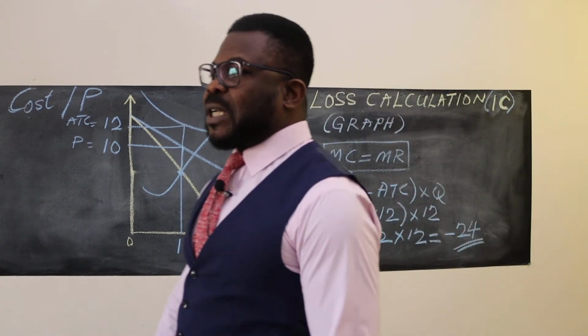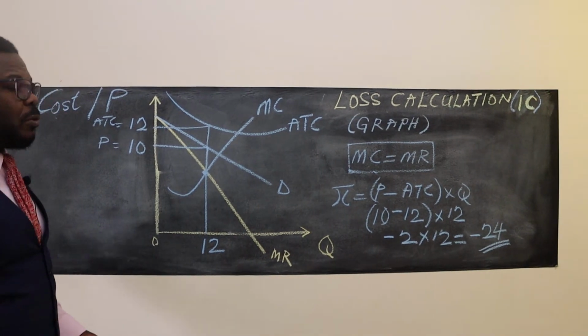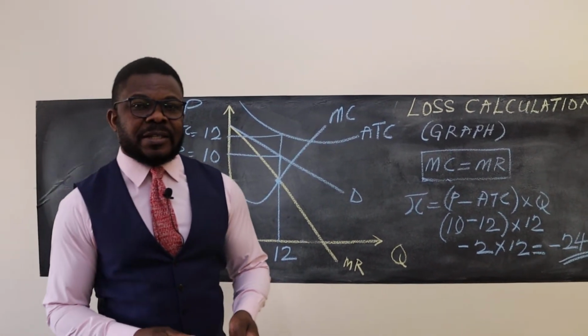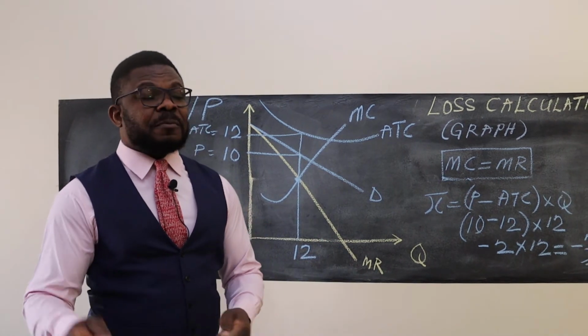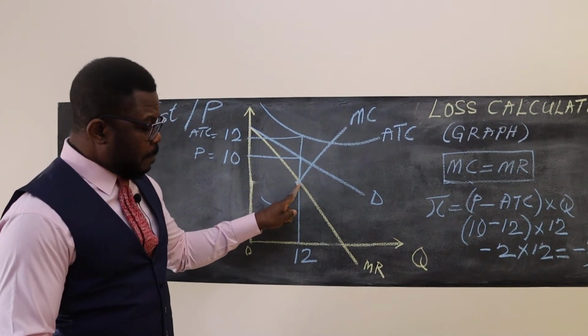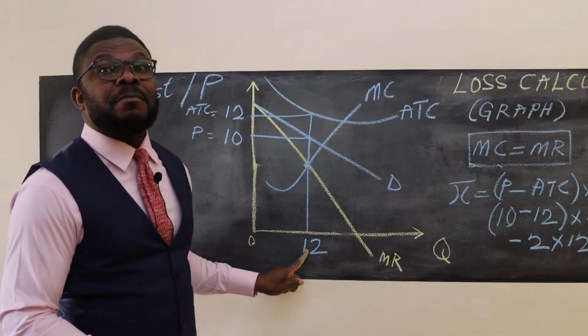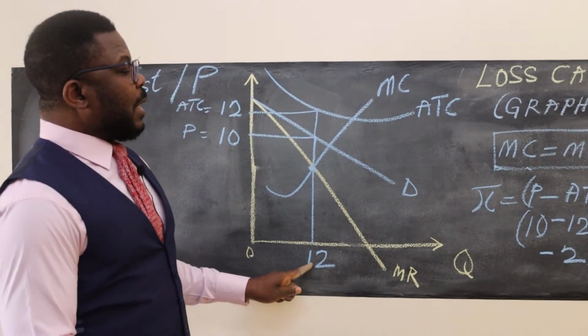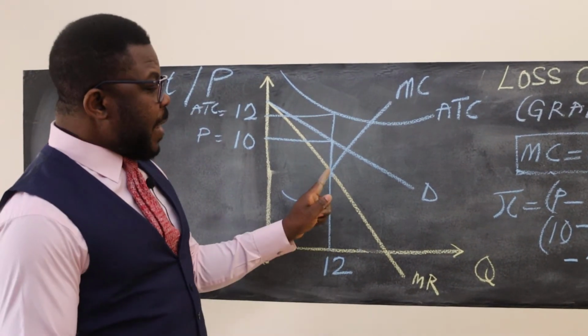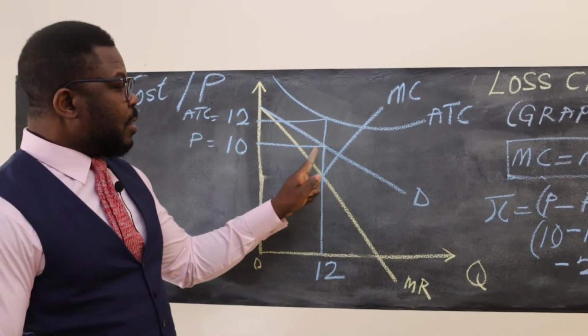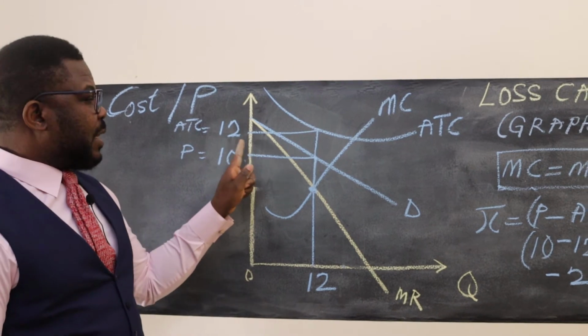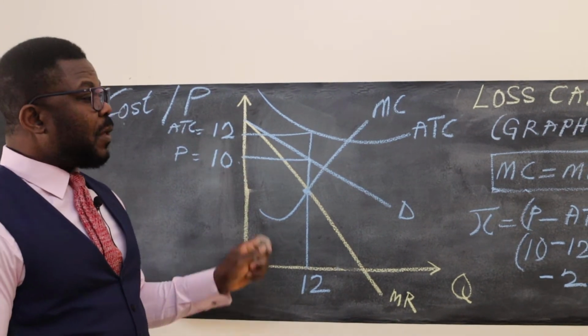Let's summarize what we've just done. First of all, remember that the first condition is to establish where marginal cost equals marginal revenue. Go down to look for the quantity. After that, trace the same line all the way up to meet the demand curve. Go to your left-hand side, and that will be your price.